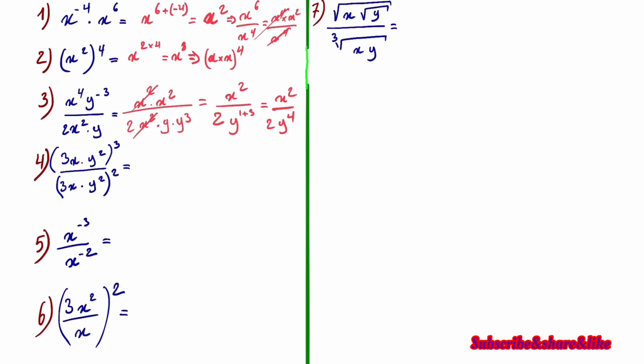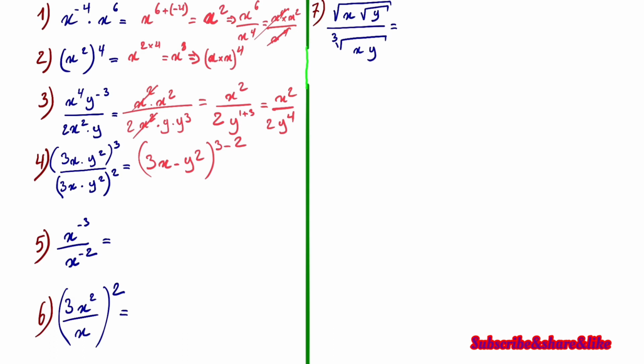If we see here, the expressions inside the parentheses are the same, so we can just do this. We take it to the top, make it not negative. This will be just 3x times y squared to the power 3 minus 2, if you want to simplify it.